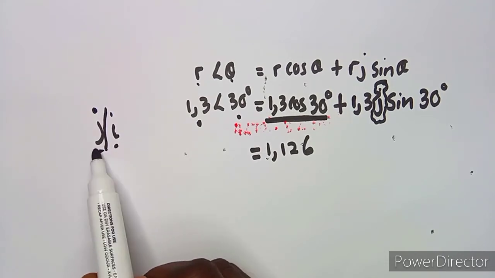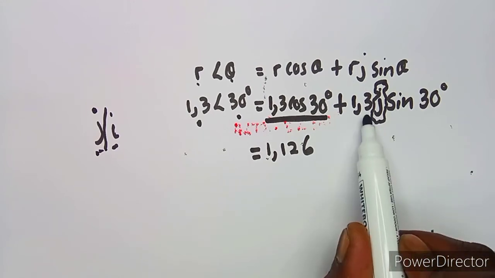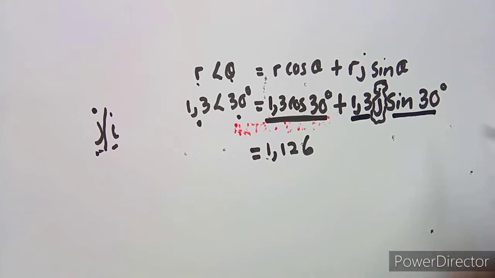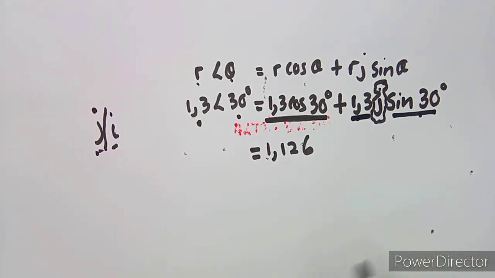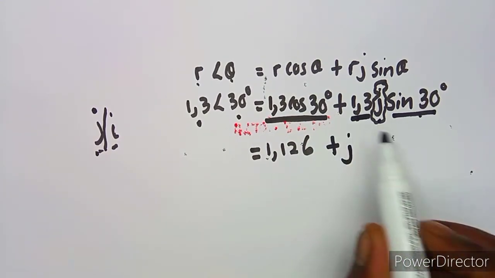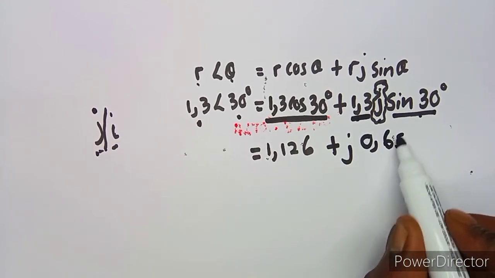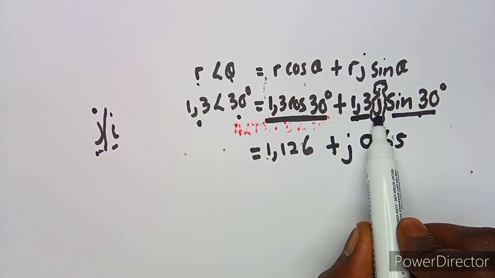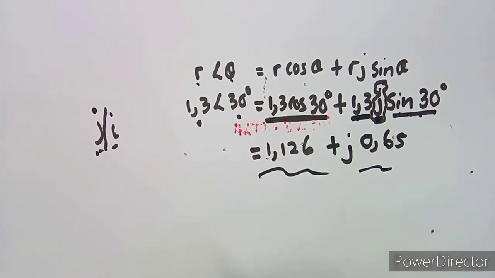Remember, I told you can use any of these two. So which means you ignore this, then you use your calculator to simplify 1,3 sine 30. Okay, so 1,3 sine 30 is going to give you 0,65, but remember there is a j there, so it's going to be j 0,65, like that. So you ignore this j because it's not there on your calculator, then you simplify these two. All right, so that is what you're going to have.